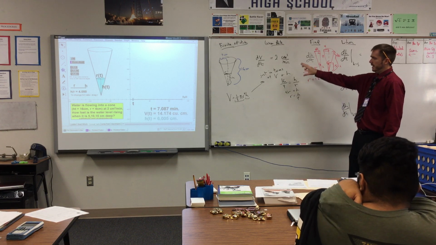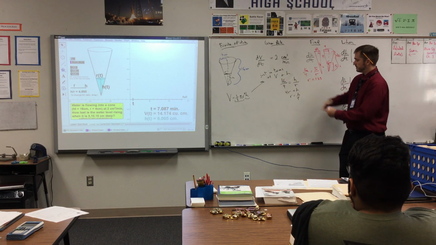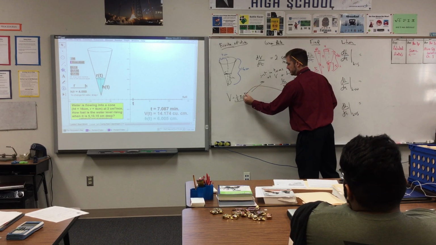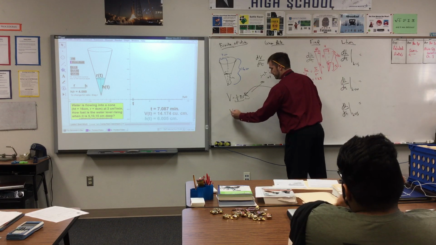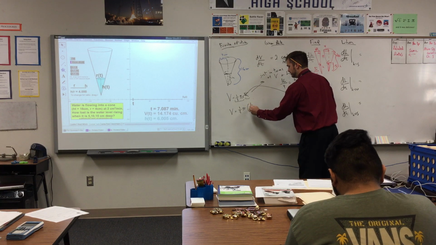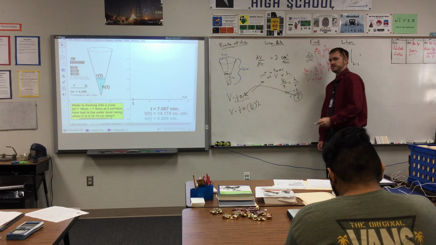So I manipulate this formula a little bit so that I substitute this h over 4 into that r value right here. So I have volume is 1/3 pi times h over 4 squared times h.